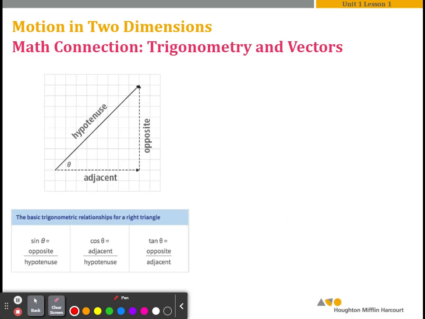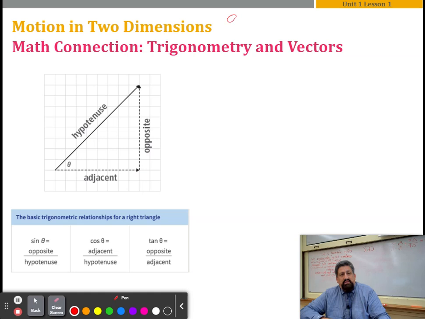You should have learned how to do trigonometry in geometry, I believe, in some math class. But trigonometry takes advantage of two big concepts. One is the Pythagorean theorem, right?